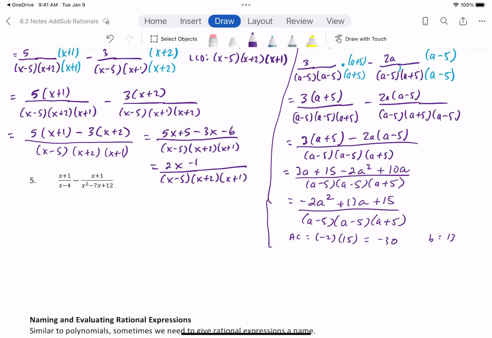If you start looking through the factors of negative 30, then you're going to find what it factors into. I think I ended up with, I'm going to put this here and then you can check behind it if you want to. I factored out a negative 1 first.